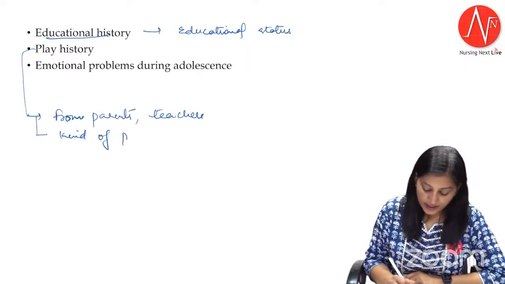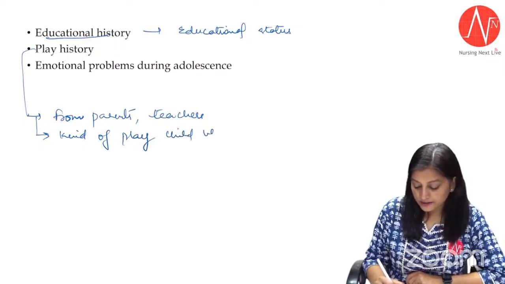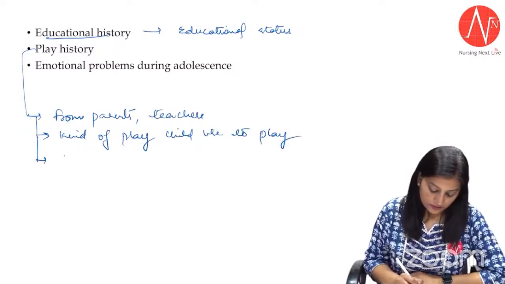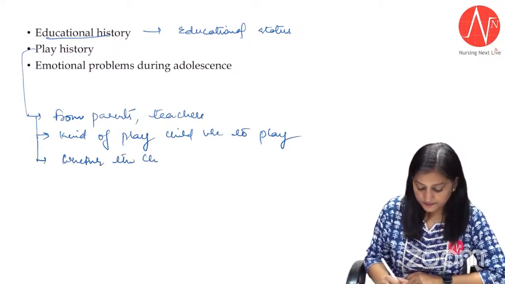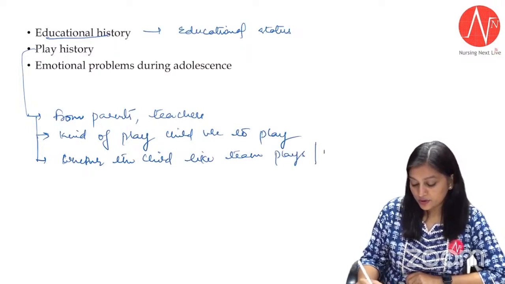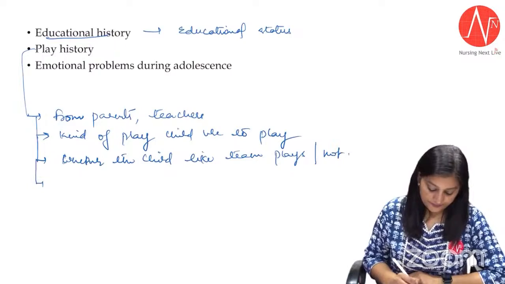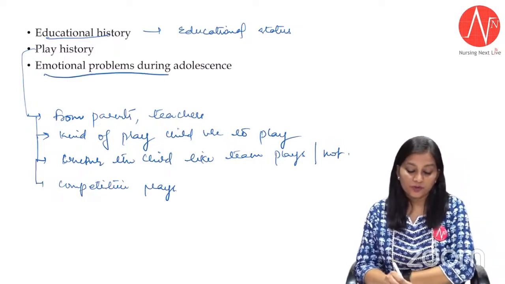What type or what kind of play a child used to play, whether the child liked team plays or not, and competitive plays or not. Then emotional problems during adolescence.